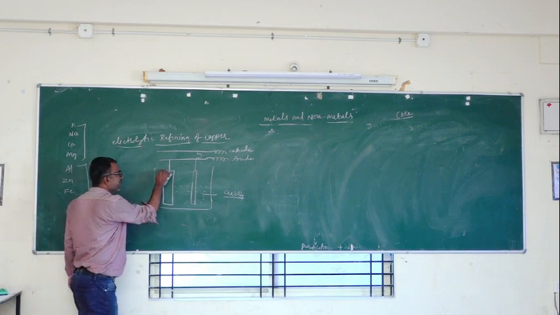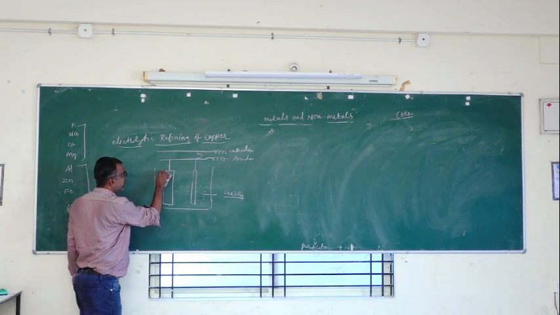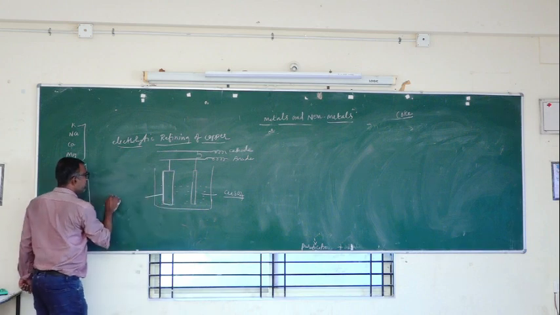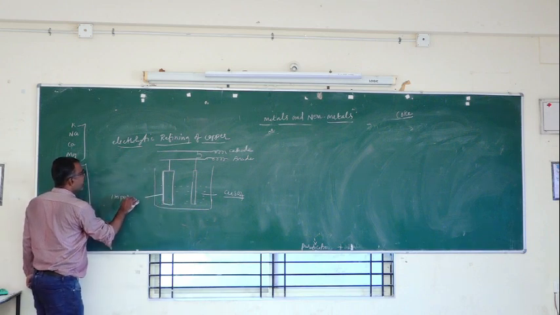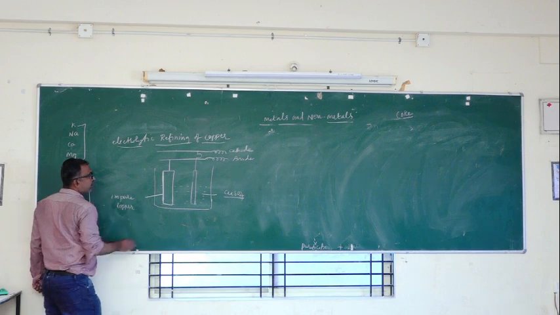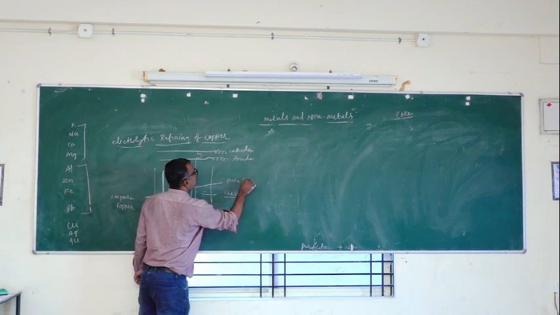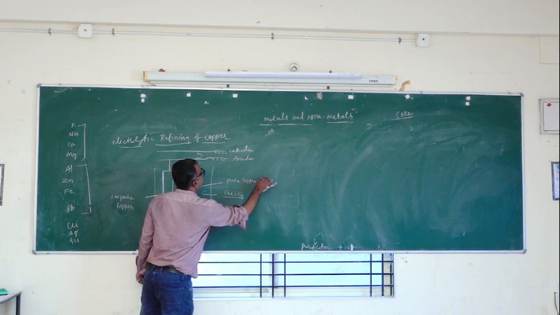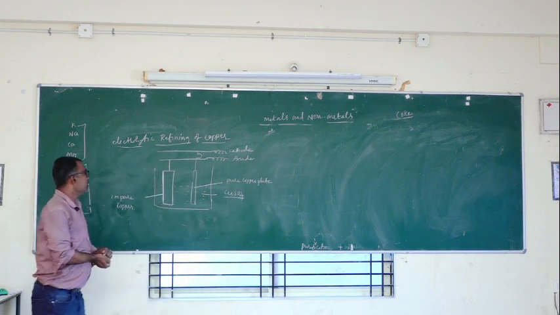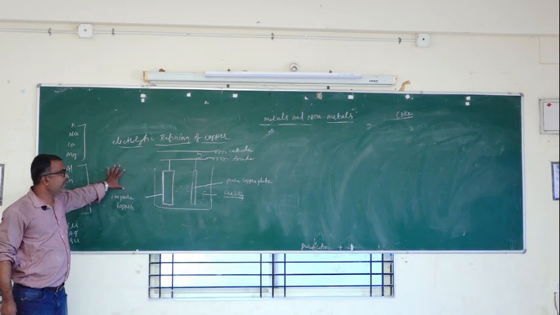So this thick copper plate is an impure copper plate. This is a pure copper plate. So this is the setup of this diagram.